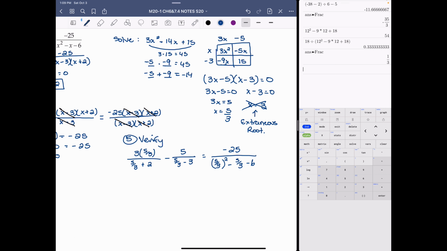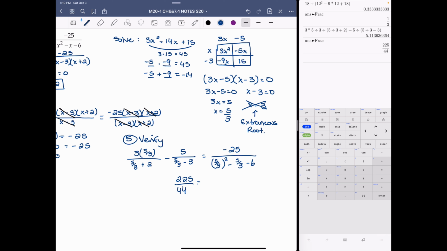Left side: 3 times 5 divided by 3 divided by brackets for the denominator, 5 over 3 plus 2, close the brackets, and then minus the next fraction, 5 divided by, brackets for the denominator, 5 over 3 minus 3. Close the bracket, enter, math, enter, enter, gives me 225 over 44.